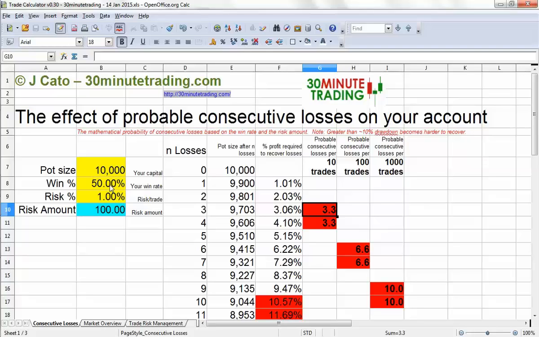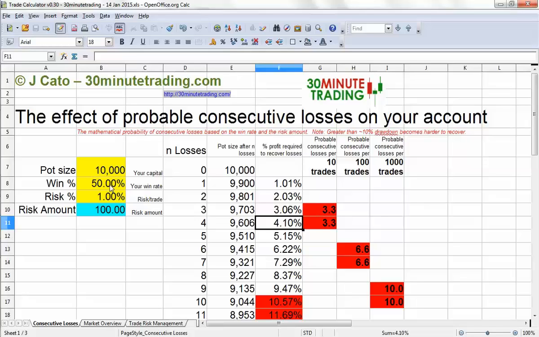If you take that as being the fact, to get back to 10,000, you need to make 4.10% profit on your capital. Now, logic is that that's doable. To make 4.10% is doable, and therefore that is okay.